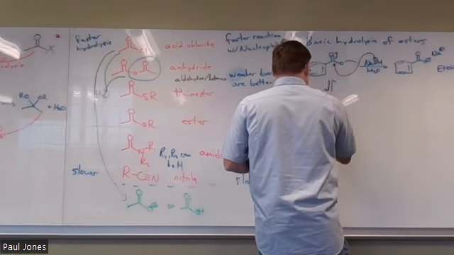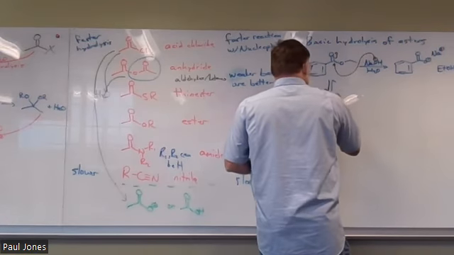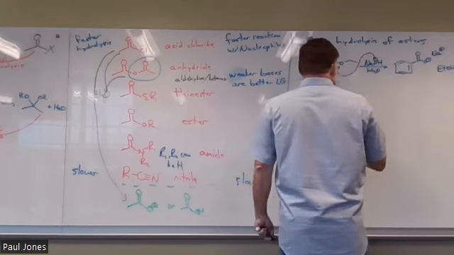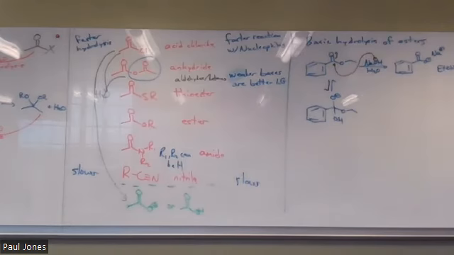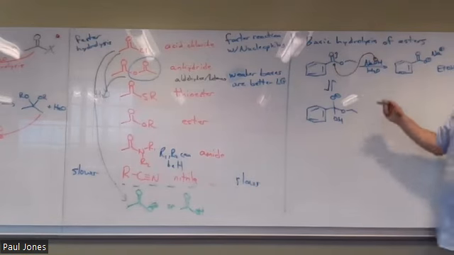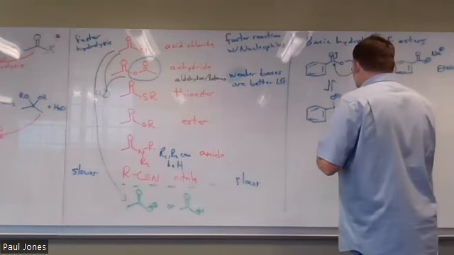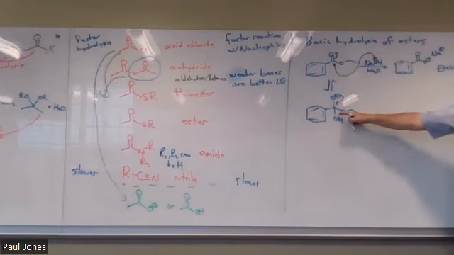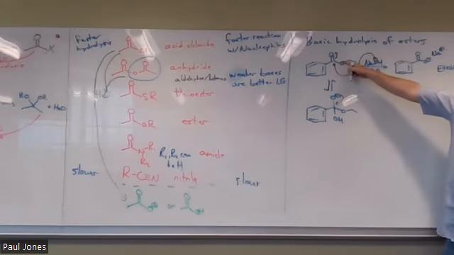We get the tetrahedral intermediate. Then what happens? Yeah, charge is going to come down, the O minus is going to remake the pi bond. And now at this point, it could kick the OH out. If it does that, you just go back to the starting point.